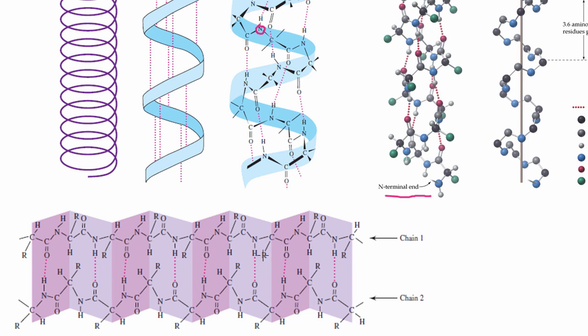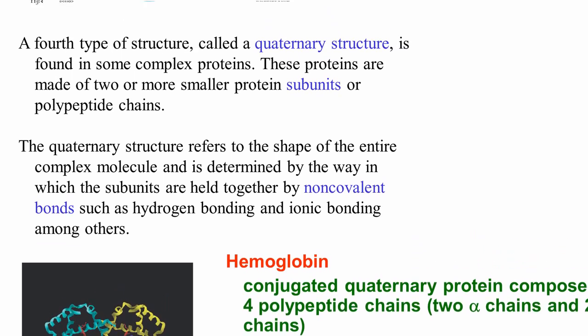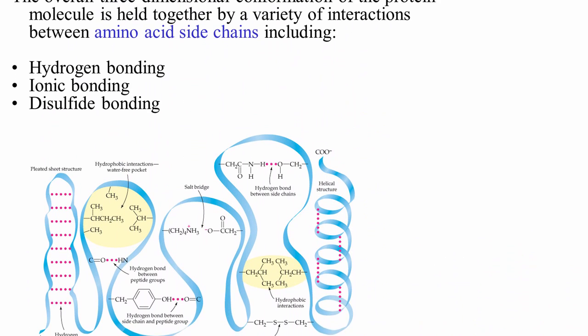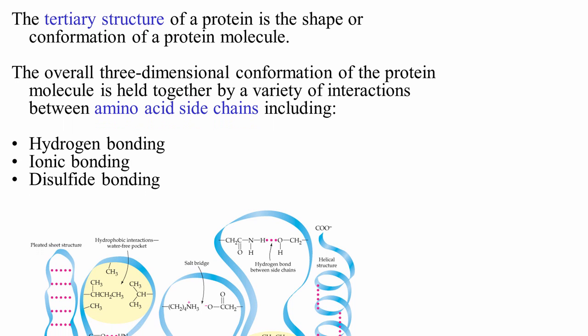And again, this forms a sheet-like structure. So the two types of secondary structure that are important are the alpha helix and the beta sheets, okay? And those shapes are the result of hydrogen bonding. That is the main interaction in secondary structure.